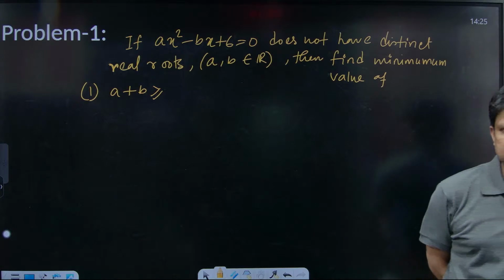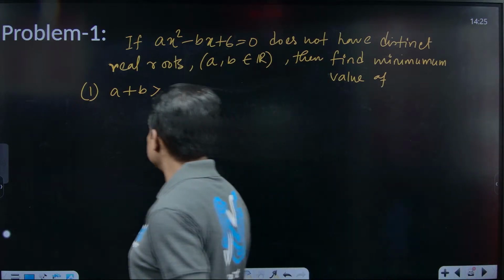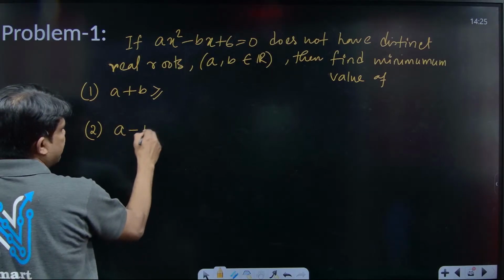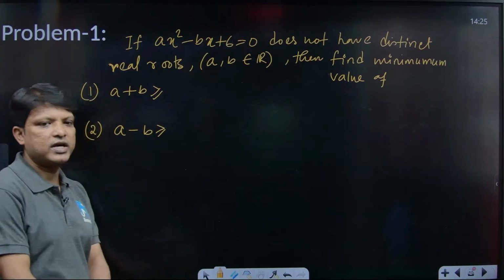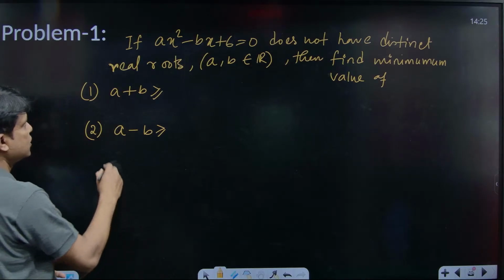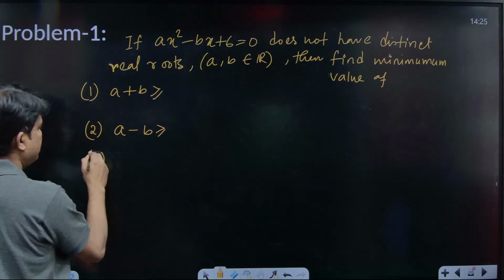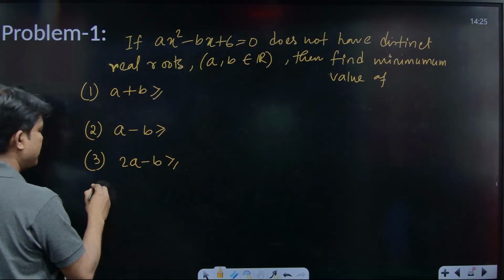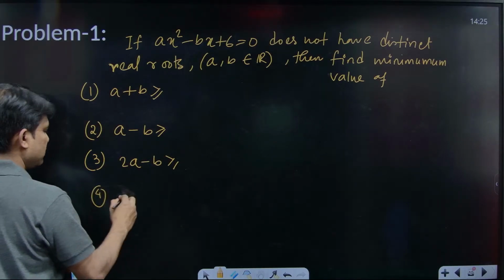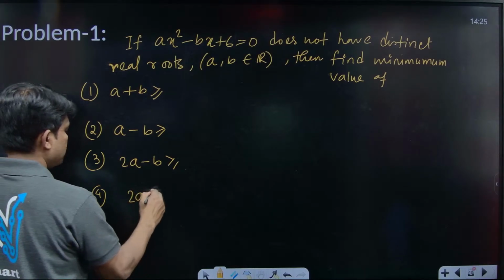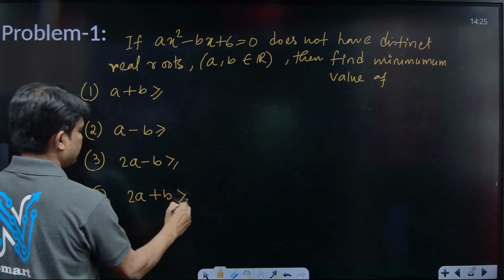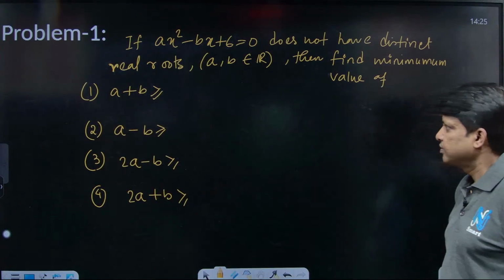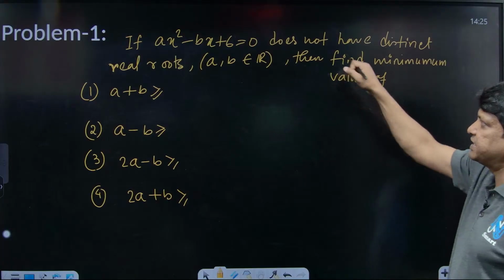Second question: what is the minimum value of a minus b? Same data. Now what is the minimum value of 2a minus b? And what is the minimum value of 2a plus b? Just solve these 4 questions using this data.